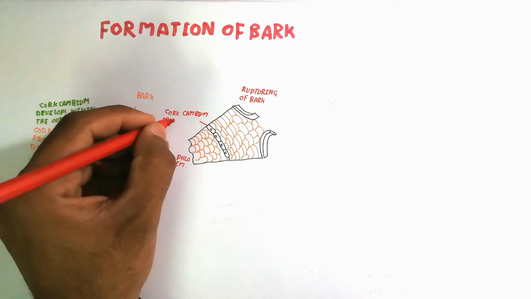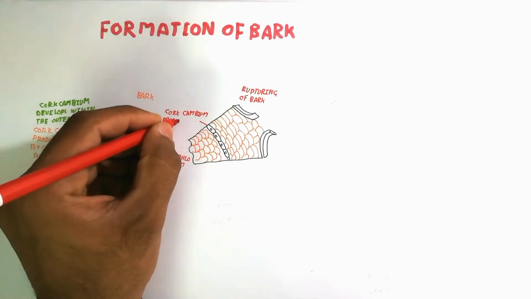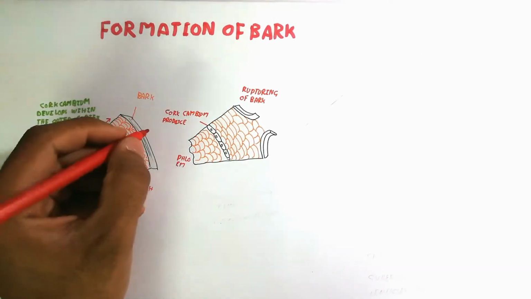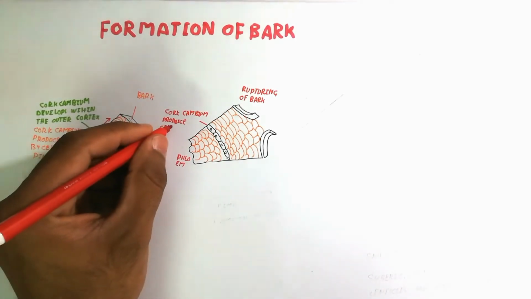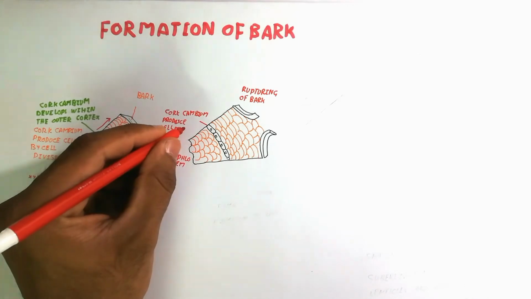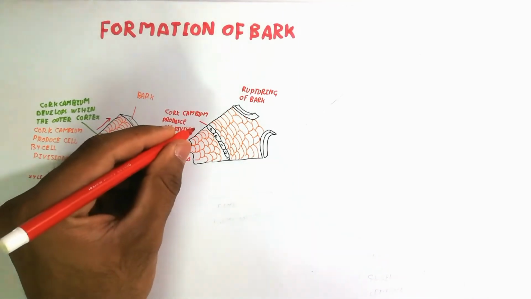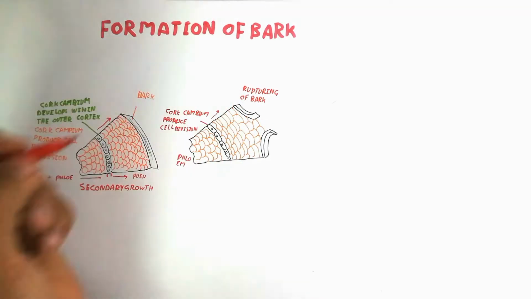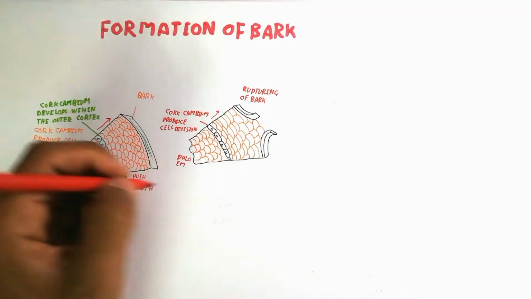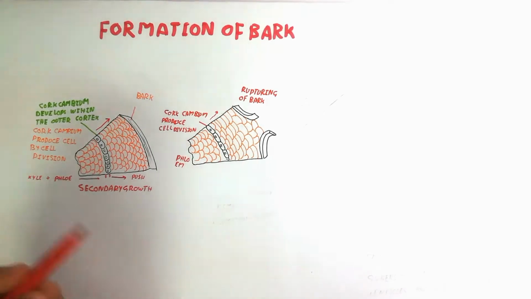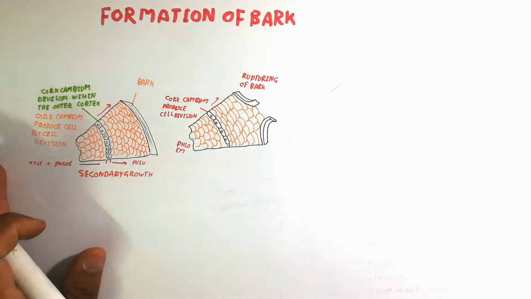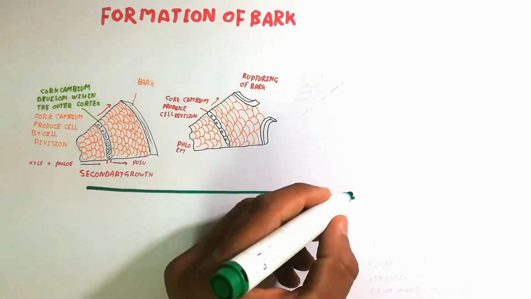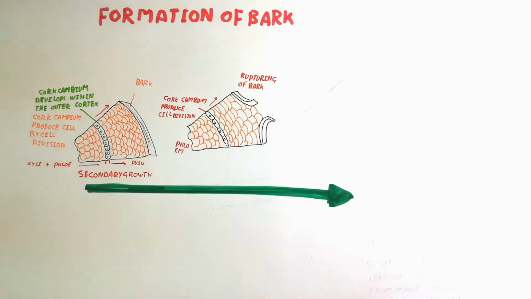The cork cambium will go outside further, and gradually through cell division the old cells present on the outside of the stem will be sloughing off. That sloughing off of the cells will increase the girth of the plant stem. Girth means the thickness of the stem will be increased.